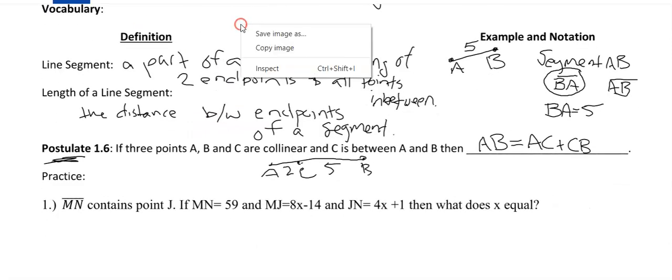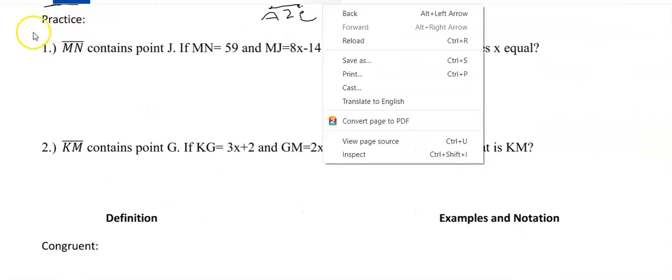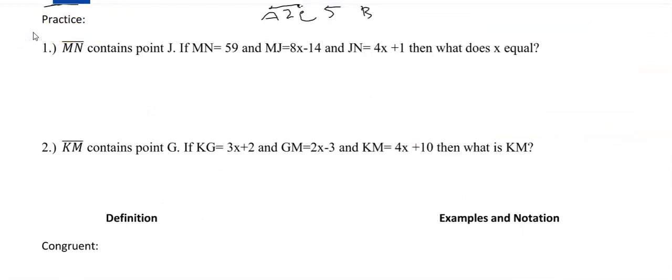Grab this, scroll up. Okay, so you're going to have things like this. MN contains point J. MN is 59, MJ is 8x minus 14, and JN equals 4x plus 1. Then what does x equal? All right, the key to being successful in geometry is to make sure you draw out what they're talking about.